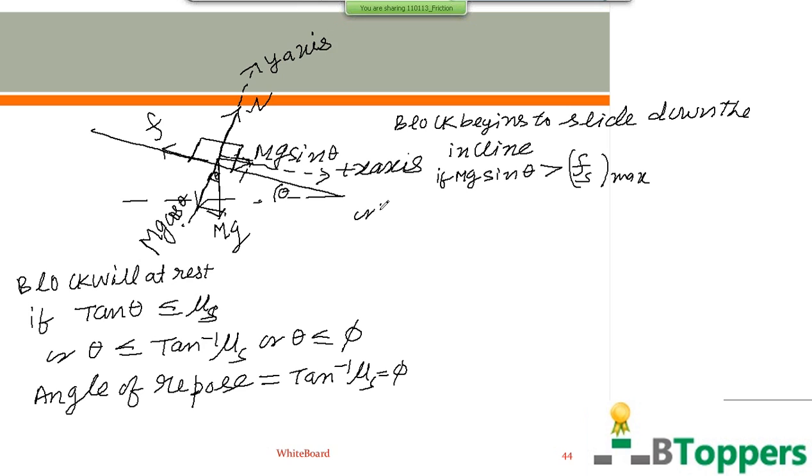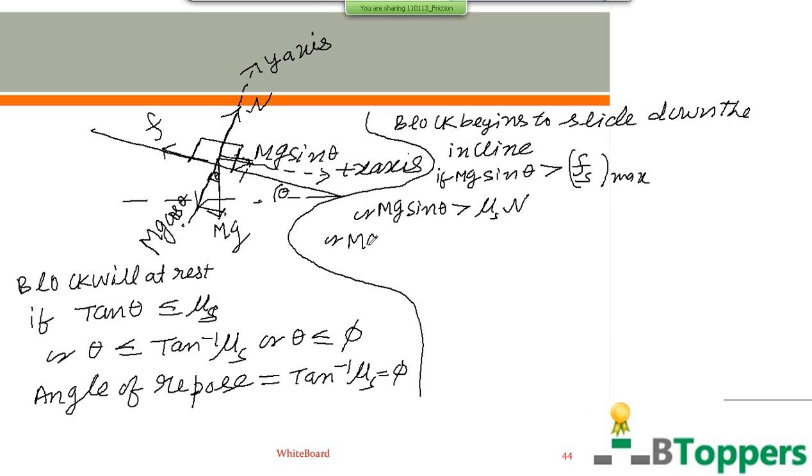The maximum value of static friction between the two surfaces is equal to us N. So the block begins to slide down the incline under the influence of gravity and contact forces by the inclined plane, if the magnitude of the component mg sin theta is more than the limiting friction us N. We can write here N equal to mg cos theta. On the right hand side, we can cancel mg both sides.